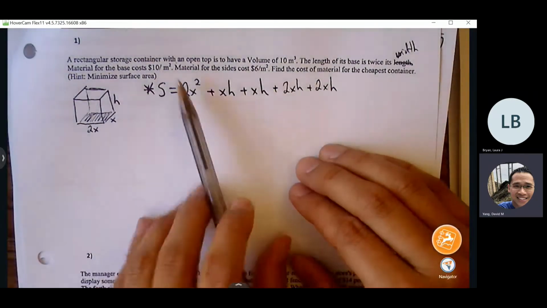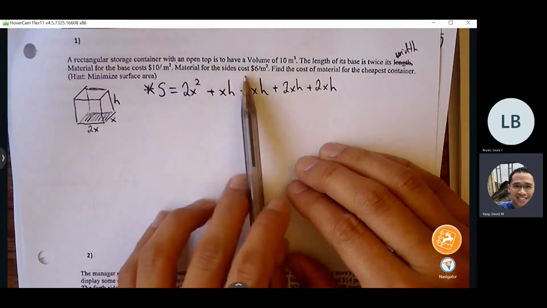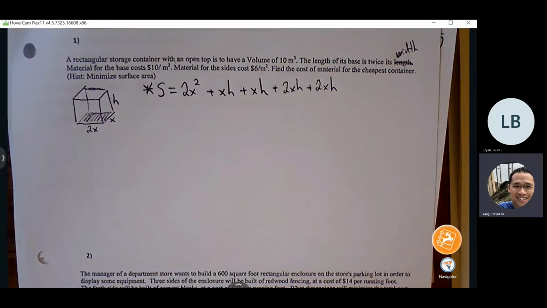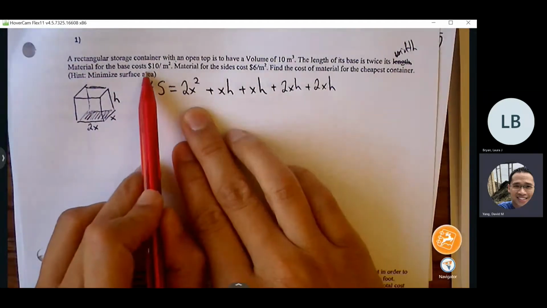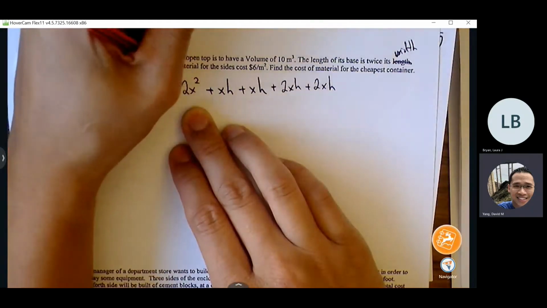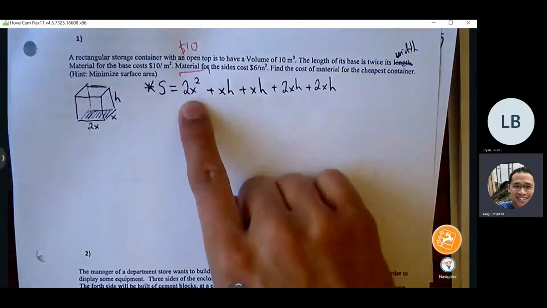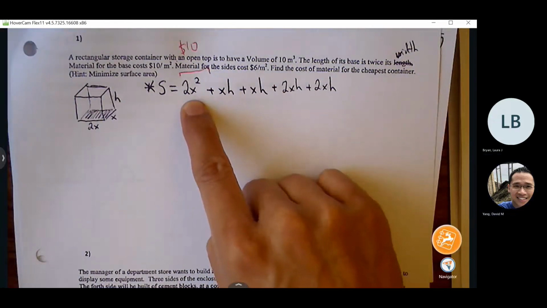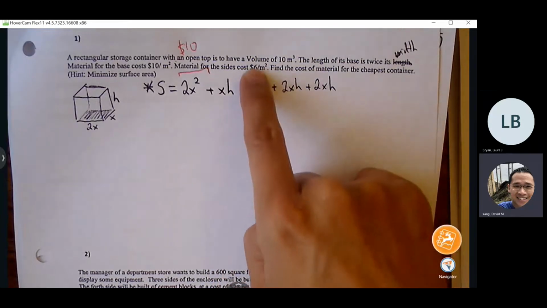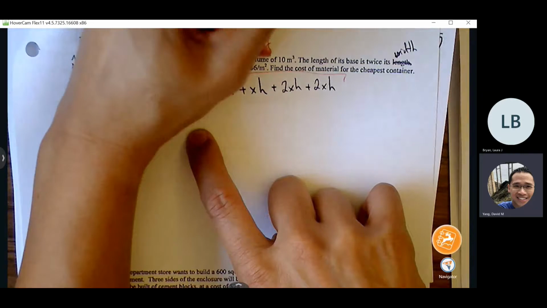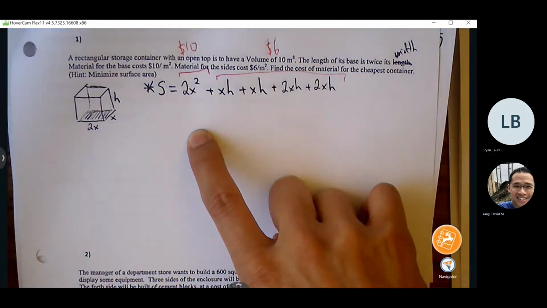So we have cost associated with surface area. So surface area and cost are very much related to each other. So the base costs $10 per square meter. So know that this piece is going to be a $10 component. Okay. But the sides have a cheaper material. It's only $6 per square meter. So this is going to be $6 related.